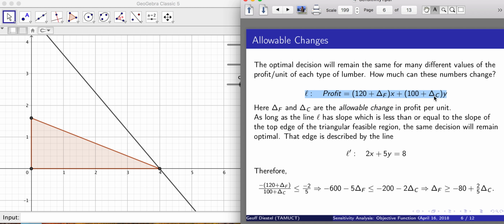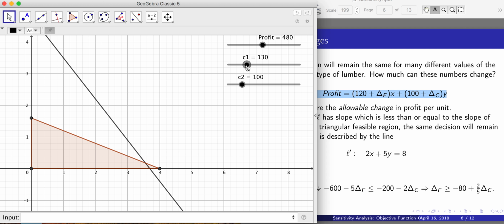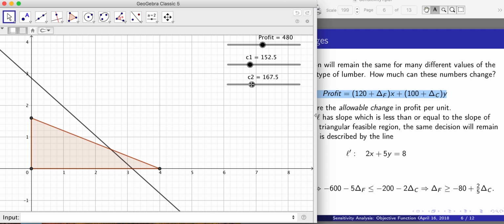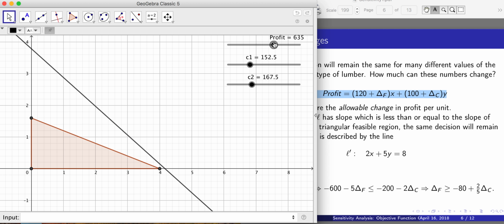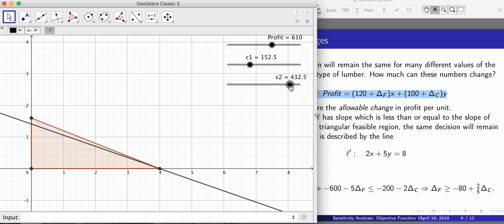And as those numbers, delta f and delta c, change, that's just what I'm doing in the graph over here when we change the numbers C1 and C2 in our objective function. I'm changing the slope by changing one of the numbers, or both of the numbers. So if they both change, we still obtain the same decision, but if they change enough, then we no longer have the same decision.